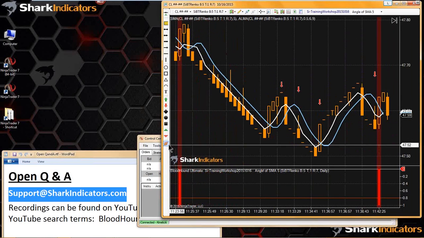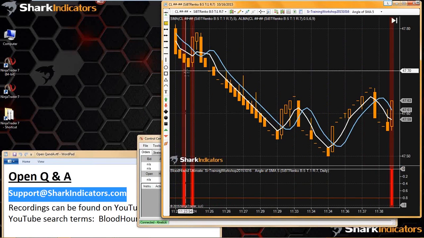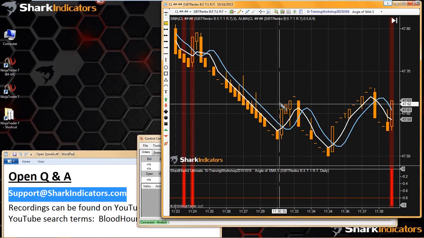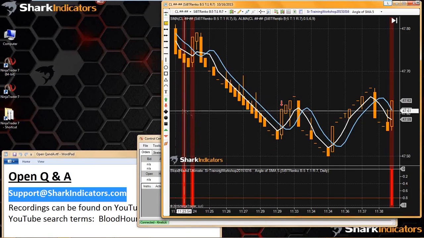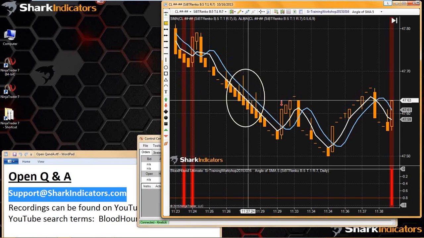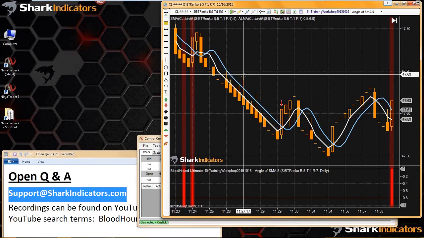Alright, so let's see, let me clear all those little markers off, and so definitely that one. And it's hard to tell, but it looks like these bars, oh no, sorry, I'm looking at the wrong indicator here.